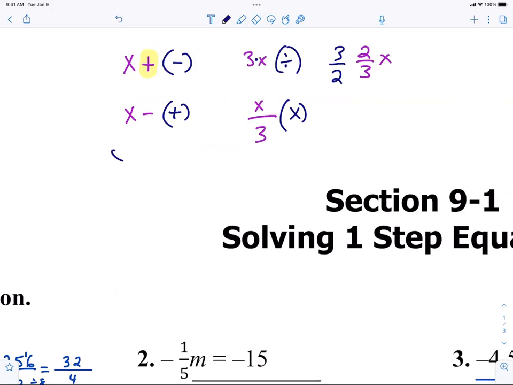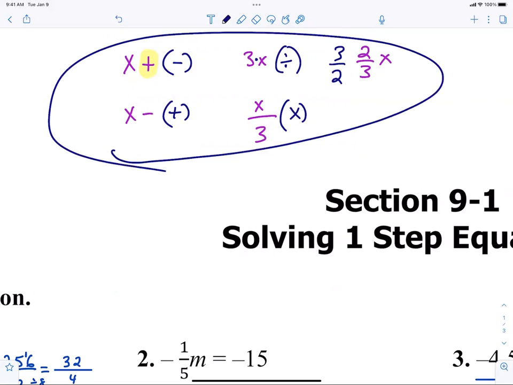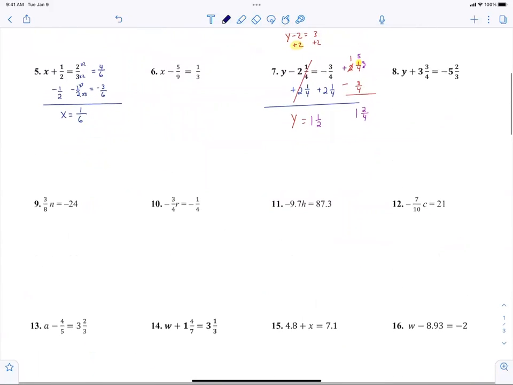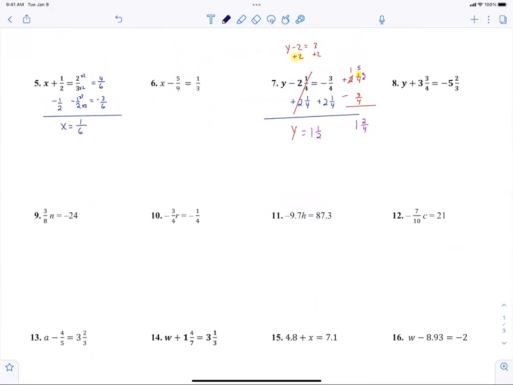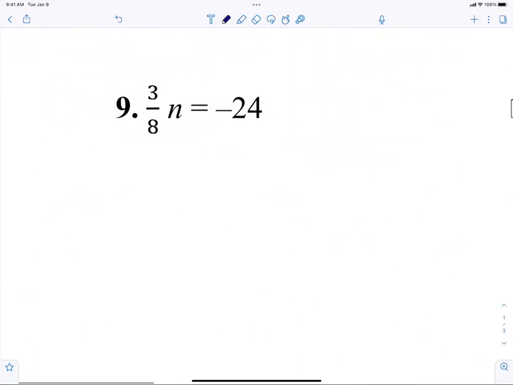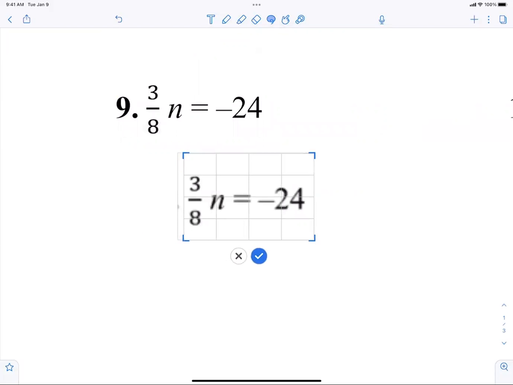All right, this is the thing you need to understand. We're really trying to train your brain to work backwards. All right, so hopefully that helped. With that little bit of information now, let's go back to number 9. Now, does everybody see what I just said? We have a fraction here, correct? So I'm going to do what? So you're gonna do reciprocal. Right, I'm going to do the reciprocal. I'm just writing this out again so I can get the reciprocal in here.